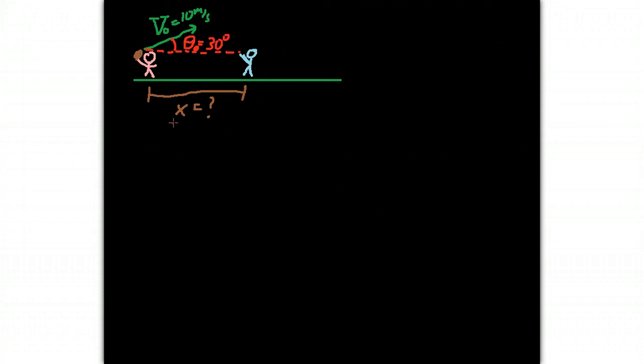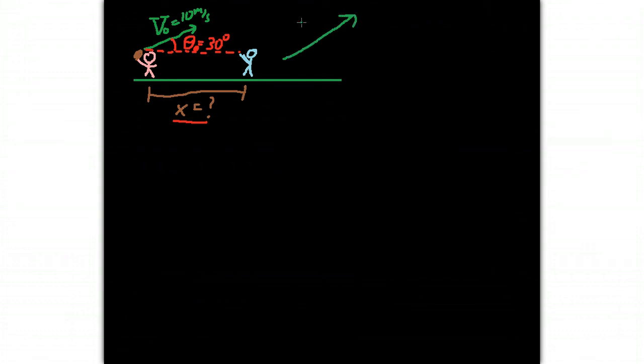And so our task here is to find out how far away the blue person must be standing in order to catch the football at the same height as it's thrown. One of the first things we need to do is take this velocity and split it into its component parts. So I'm just going to blow it up a little bit here.